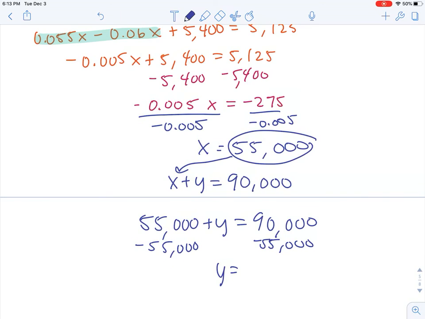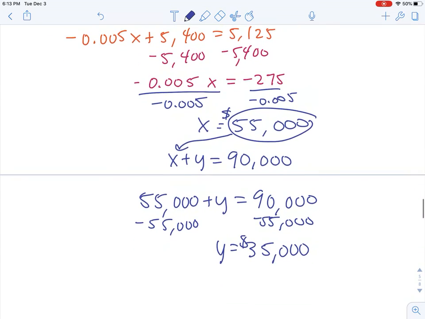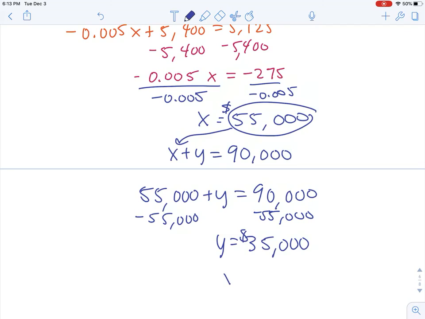So if x is 55,000, y is 35,000. So the two amounts you're looking for are $55,000 and $35,000.